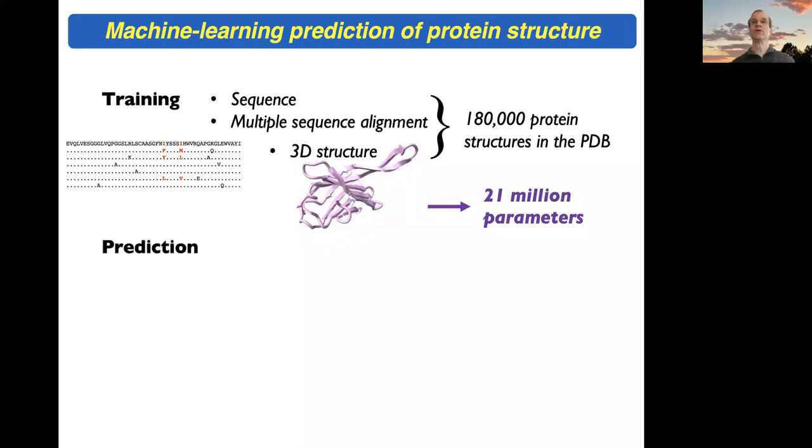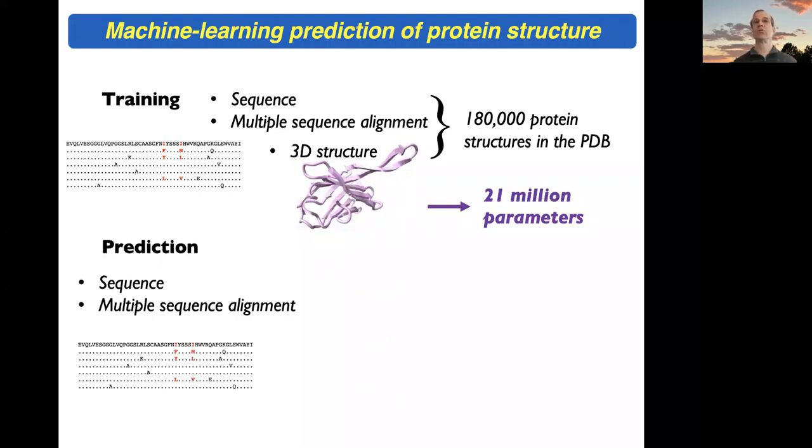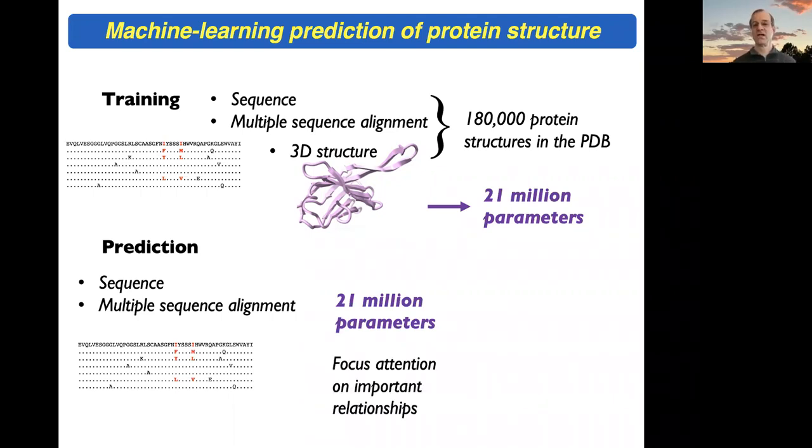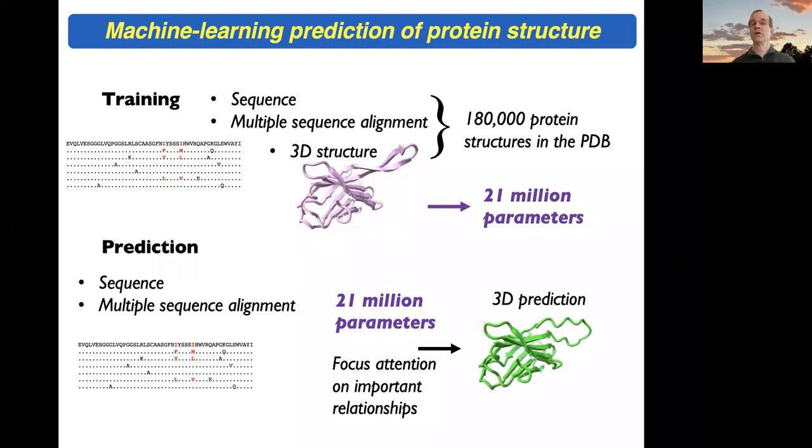When we move to prediction, we have the same starting input, a sequence for your protein, multiple sequence alignment for your protein, 21 million parameters, and then a process which involves focusing attention on important relationships in the protein, which we'll come back to later, that yields a 3-dimensional prediction.